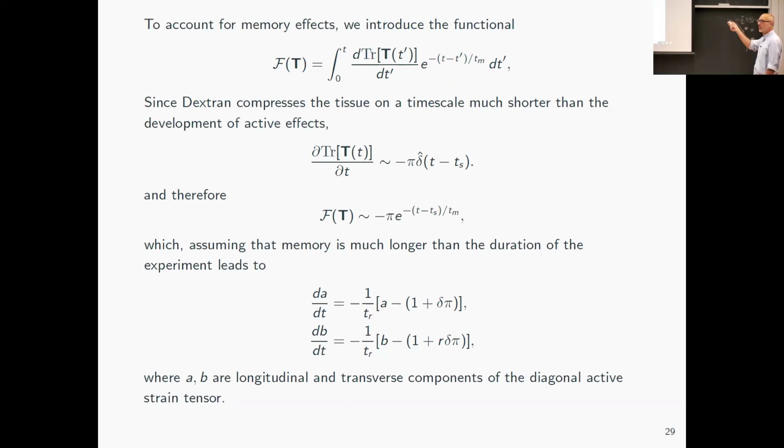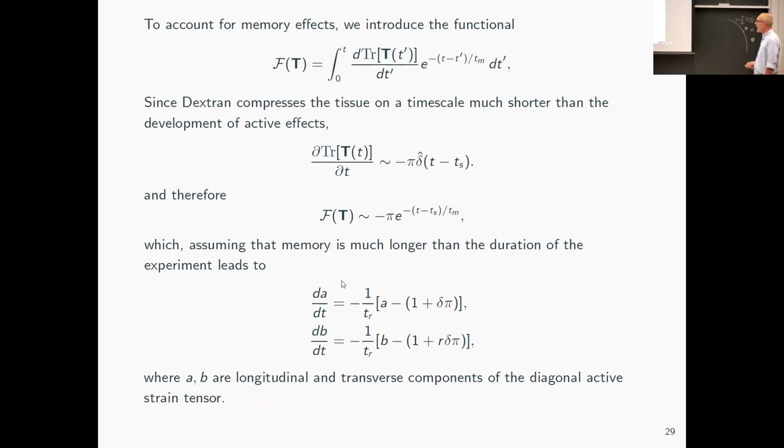So the derivative is a delta function. I use this approximation. I approximate f in that way. Then I take that the fading memory is very long, and at the end of the day, I get this equation for my active strain.